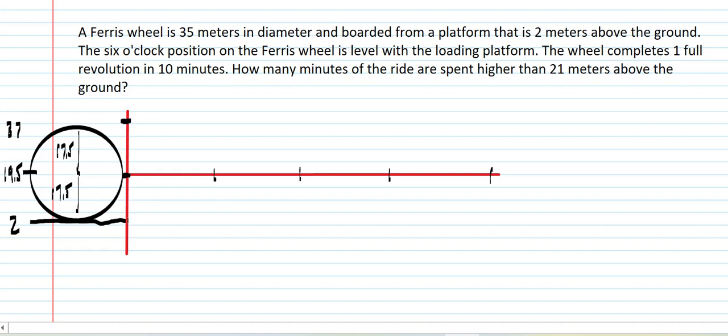So we're going to be starting down here at the low point. And then as this Ferris wheel rotates around, a quarter of the way around, it will be at the midline, which is going to be right here. So a quarter of the way around, it's going to be at the midline.